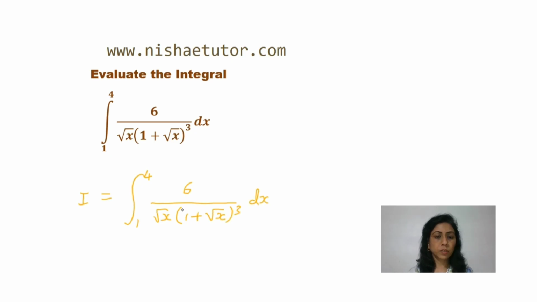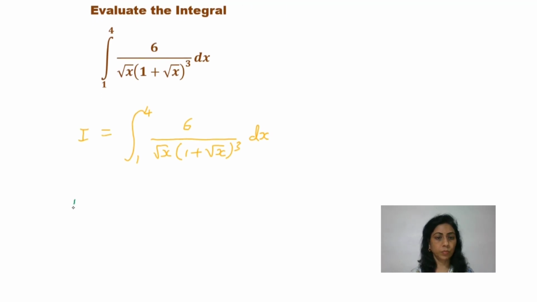We will use here a substitution method. So 1 plus square root x, this bracket portion, we can let any variable t. Put 1 plus square root x is equal to t.